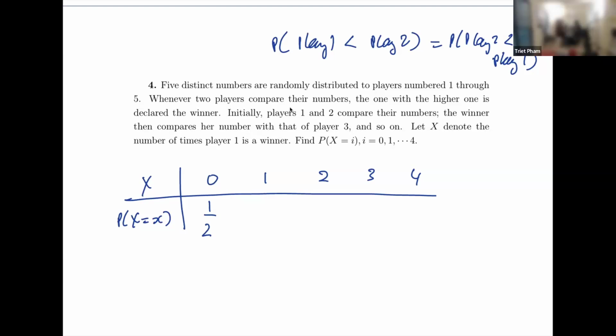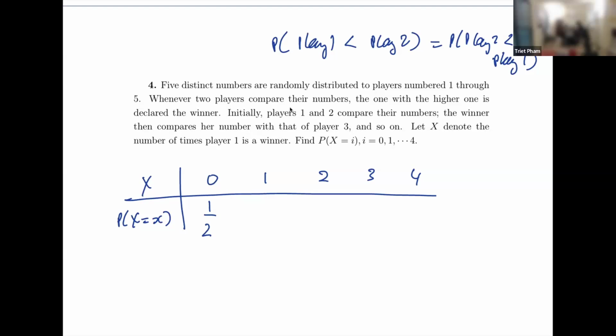Any suggestion? So how is it that player 1 can only win one game?